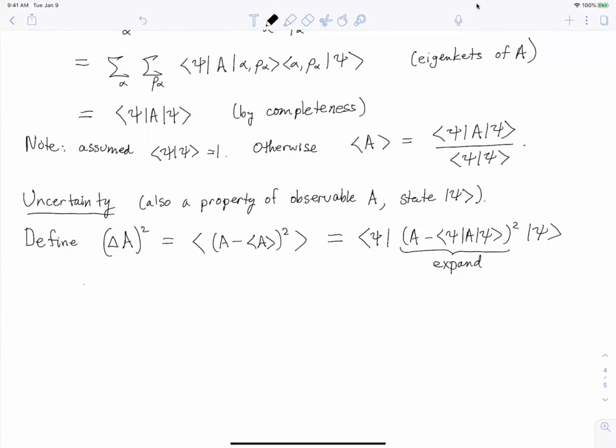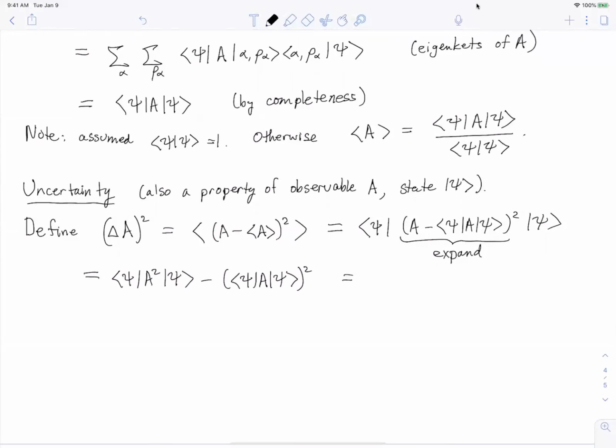Okay, and when you do, you find out this is the expectation value of A squared minus the square of the expectation value of A. And so that's a nicer version of the definition. This is the uncertainty squared. And this second version is what in practice you're usually going to just plug right into to get your uncertainty.